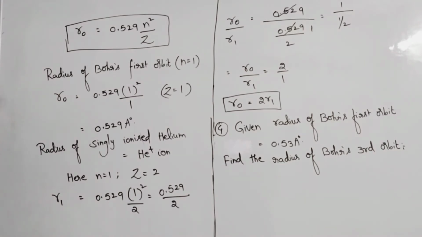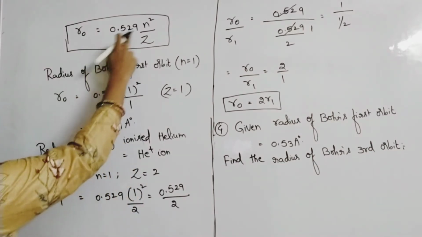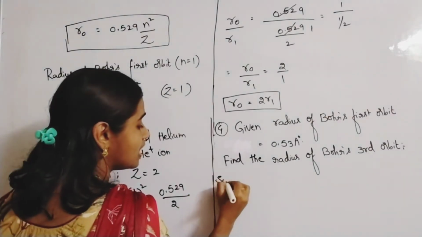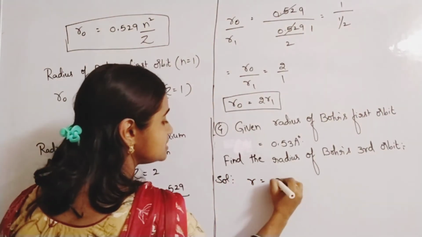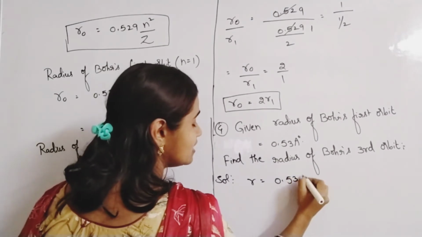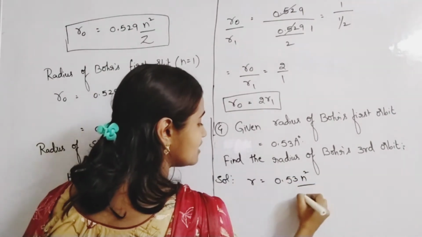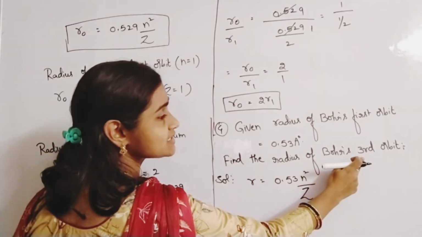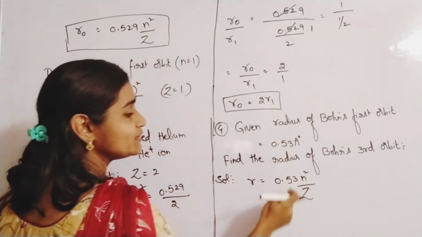Same, R is equal to 0.529 into n square by z. The same formula we will be using. So R is equal to 0.53 into n square by z. Now n value is given as 3 and z value is how much?